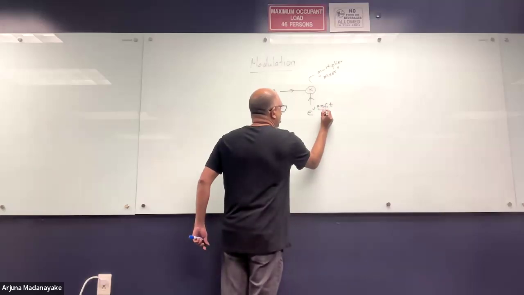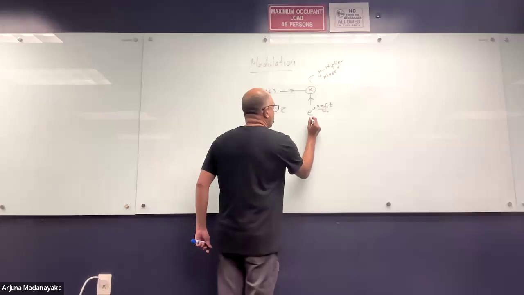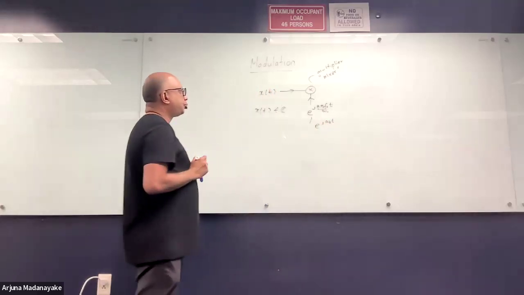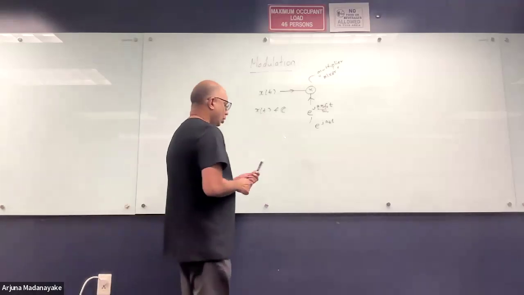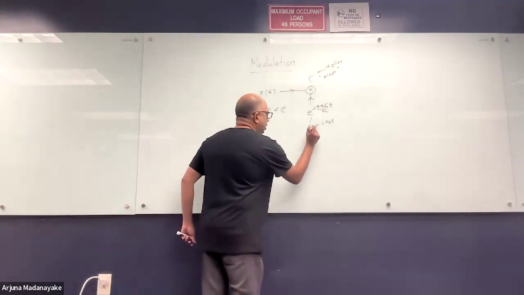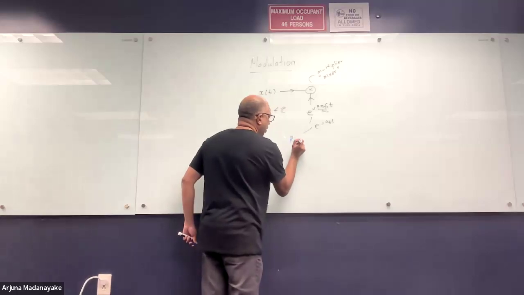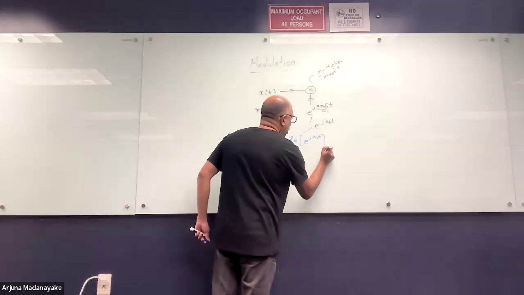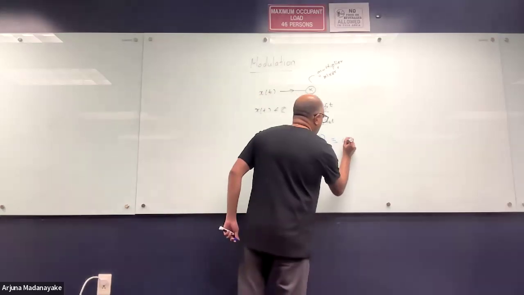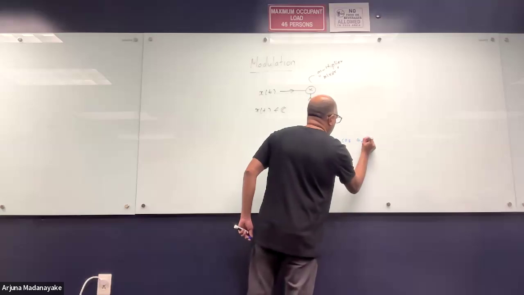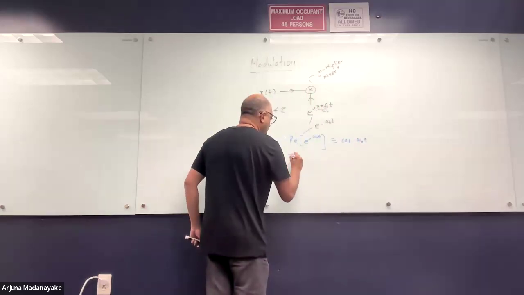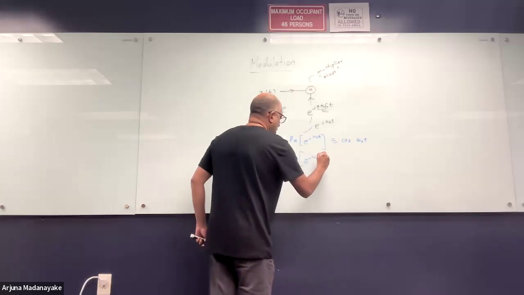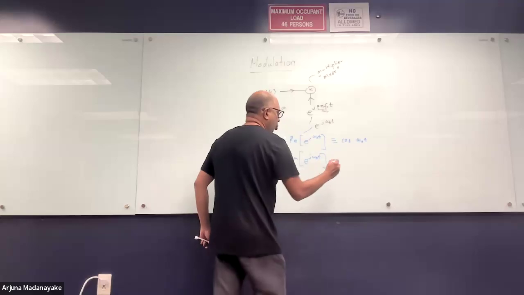I can call this omega 0. So it is actually e to the j omega 0 t. If I take the real part of this, e to the j omega 0 t, out pops the real part, which is cos omega 0 t. If I take the imaginary part, out pops the sine.